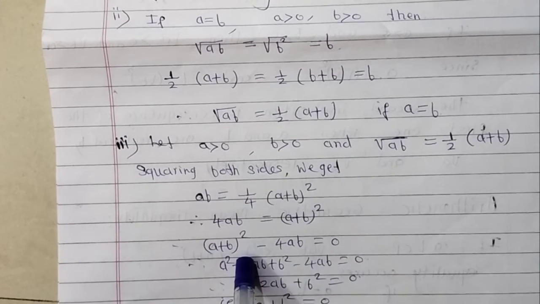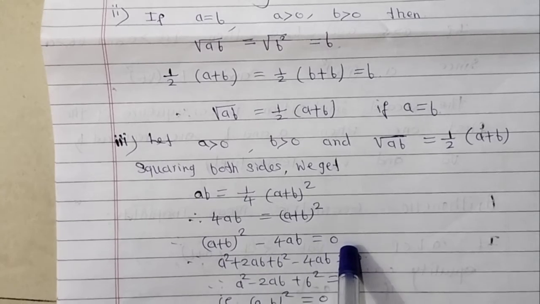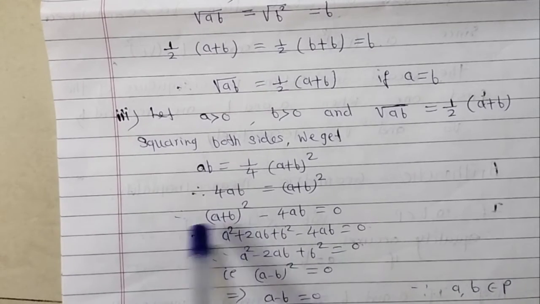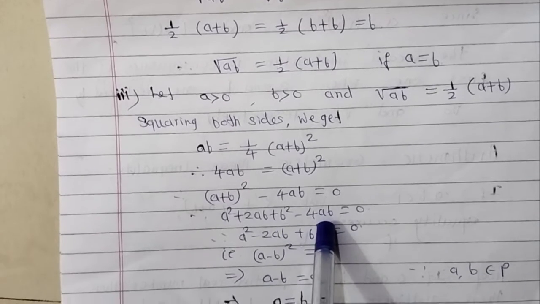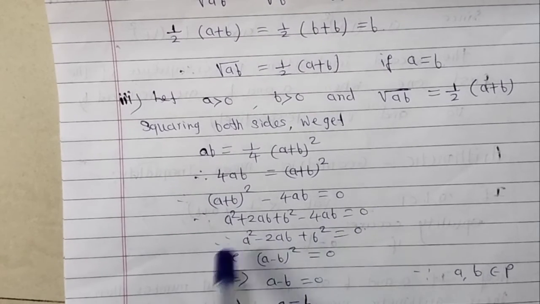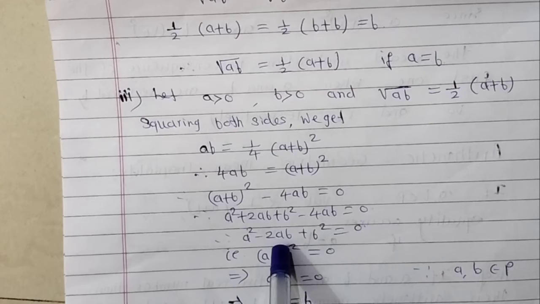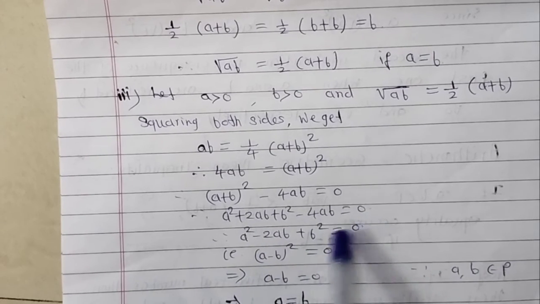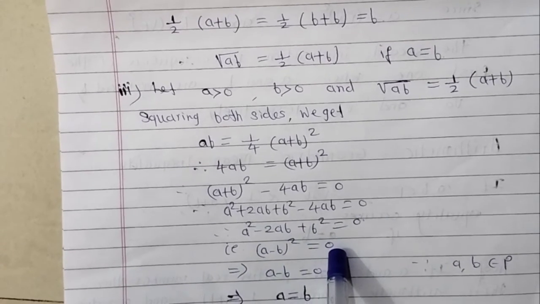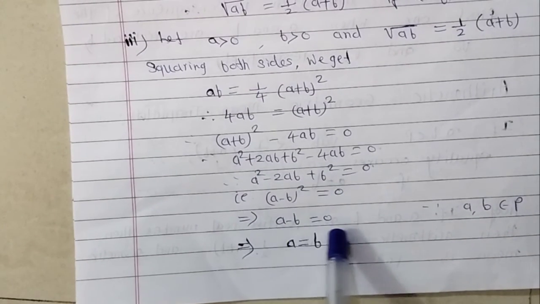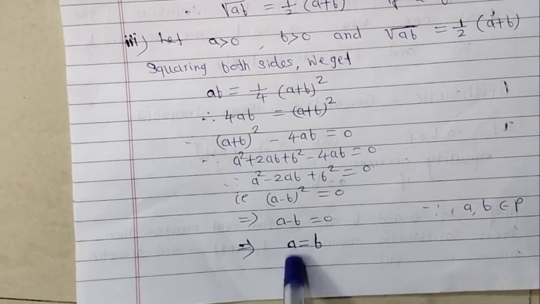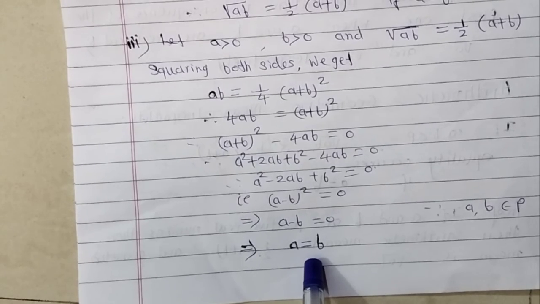Hence A plus B bracket square minus 4AB equals 0. Expanding we get A square plus 2AB plus B square minus 4AB equals 0. Hence A square minus 2AB plus B square equals 0, that is A minus B bracket square equals 0. This implies A minus B equals 0 and this implies A equals B.